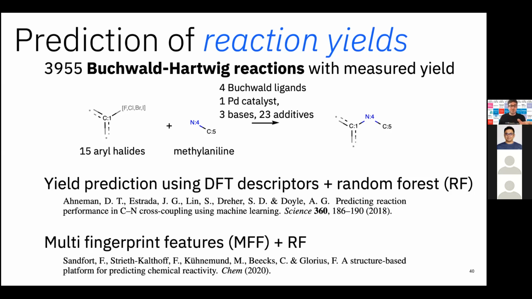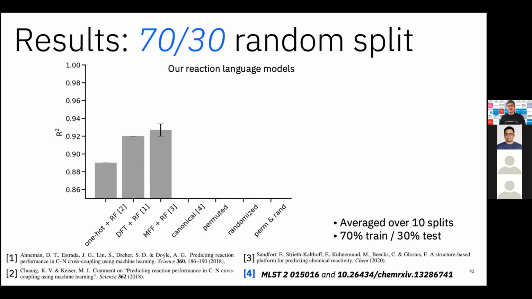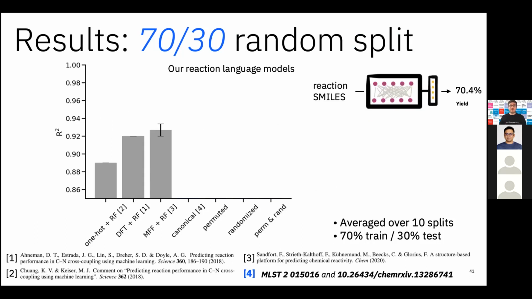And last year, we also saw the multi-fingerprint features plus random forest models by Sandfort and the Glorius group. And we basically asked the question, how far could we get by showing the model only reaction SMILES and not computing fingerprints directly, through these reaction encoder models.